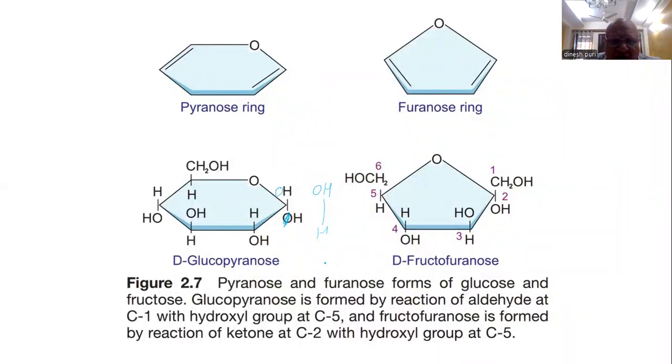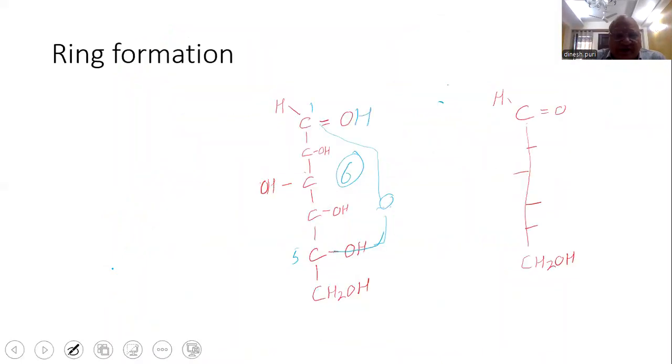These two are called alpha and beta form respectively. So we have considered the six-membered pyranose ring form. The full name is now D-glucopyranose. It can be in two forms, alpha form and beta form, which are anomers of each other.